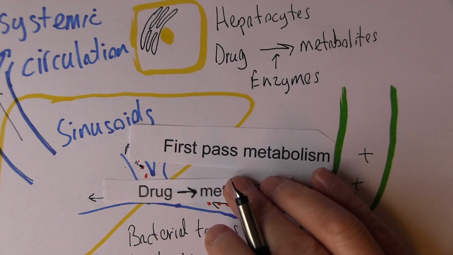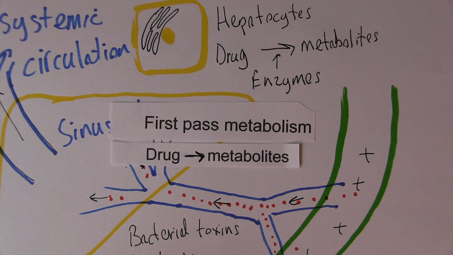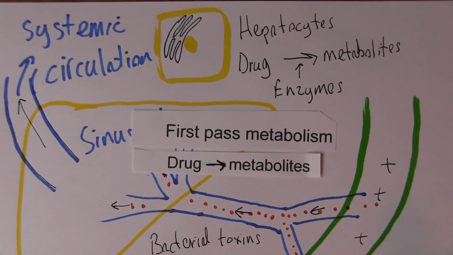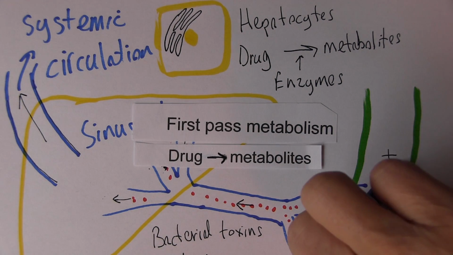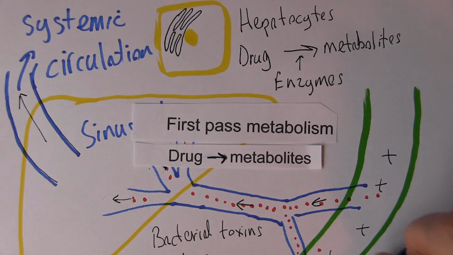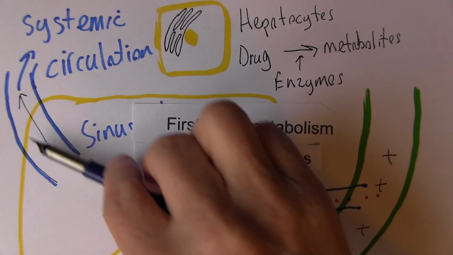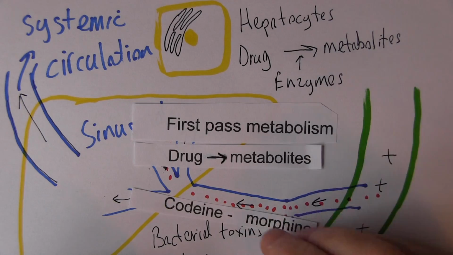Now, this first pass effect is not always bad because some metabolites are useful. So, for example, benzodiazepines, the Valium diazepam type drugs, they very often have active metabolites. So the reason that the benzodiazepines are so effective at what they do, quite dangerous drugs in some ways, but also very effective, is because the metabolites are active. So the benzodiazepine is absorbed from the gut, broken down into active metabolites in the liver. And another classic one is codeine.